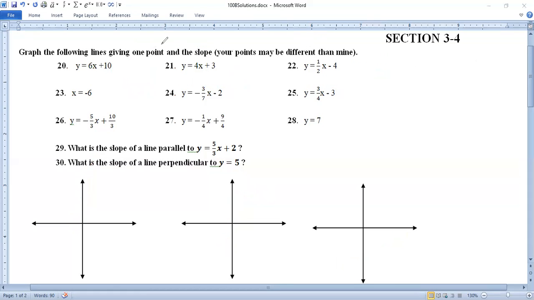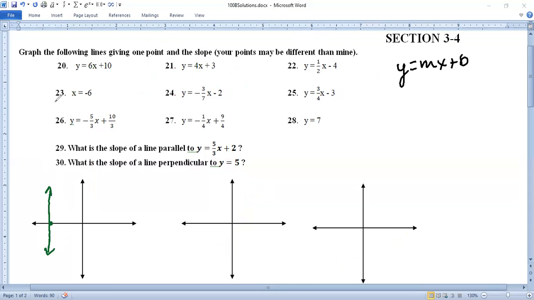Number 23, this says x equals -6. This is a vertical line. X equals -6. We go back to where x is -6, and it is straight up and down. Now, what's the slope of a vertical line? Notice this does not have y by itself, so our cool little shortcut that we had over here, y equals mx plus b, we can't use it on this one.